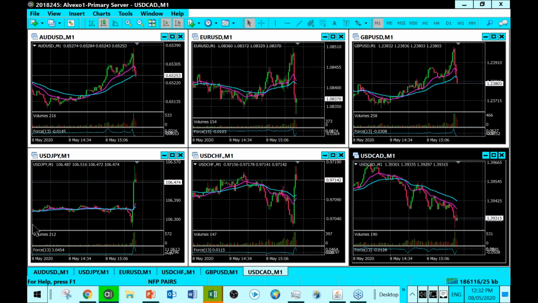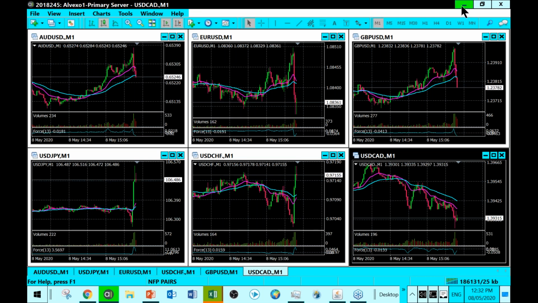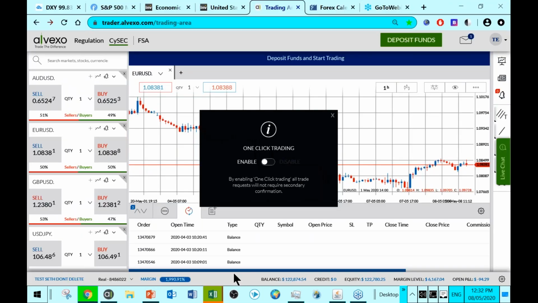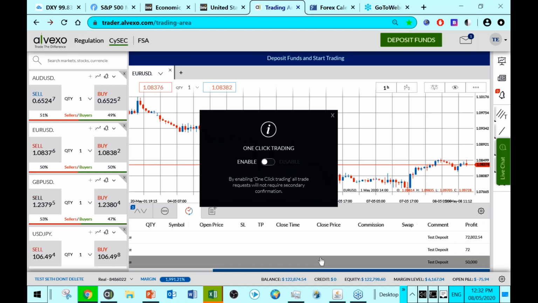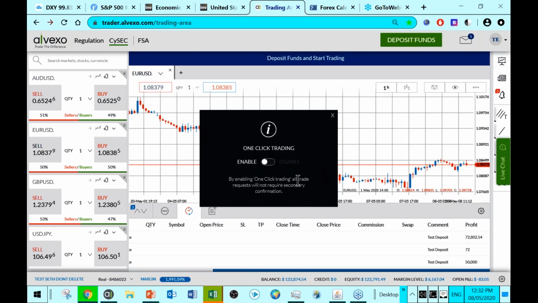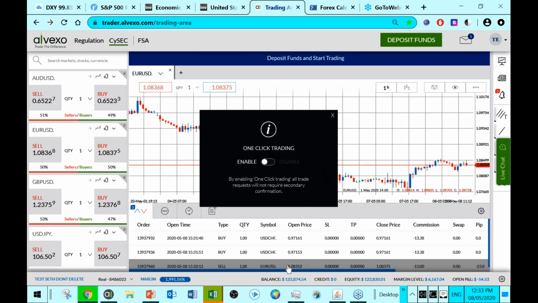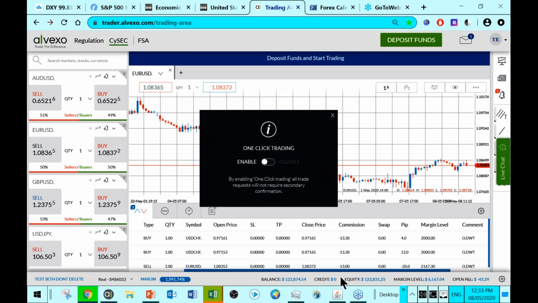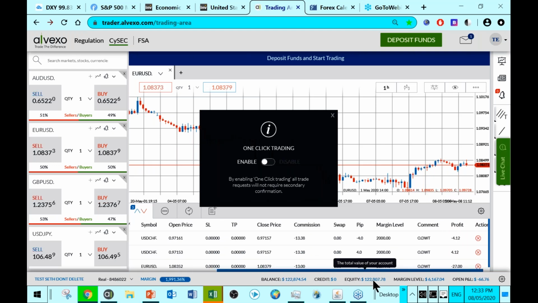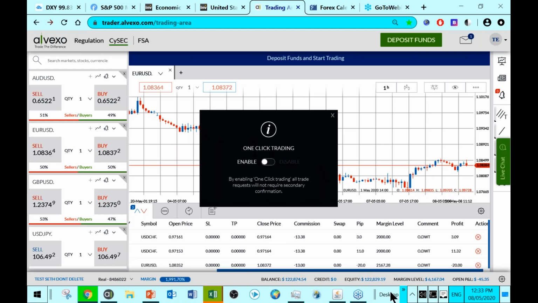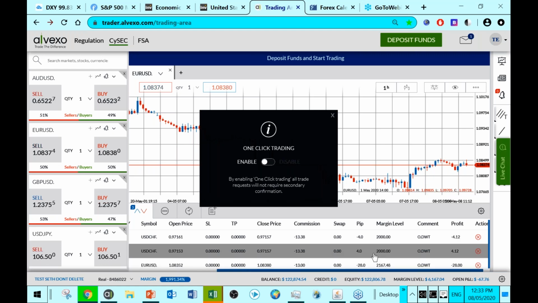Okay, let's take a look at those positions. All right, they're in the money, but not by much.